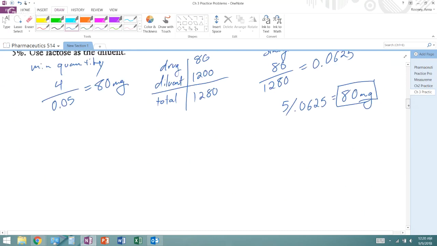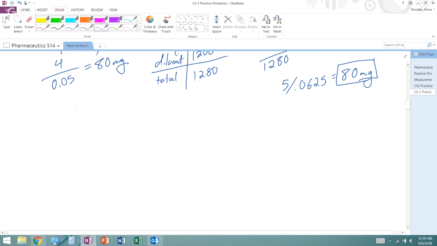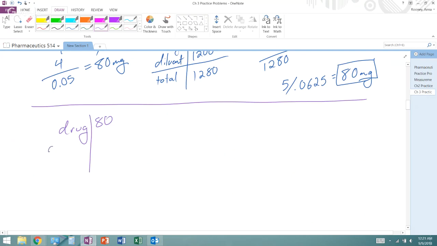So let's look at how the book did it. The book had drug, they also had 80 milligrams, but then they diluent 1520, so that's 1600.